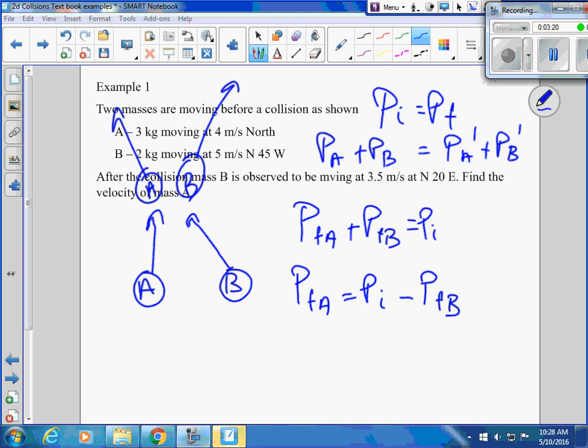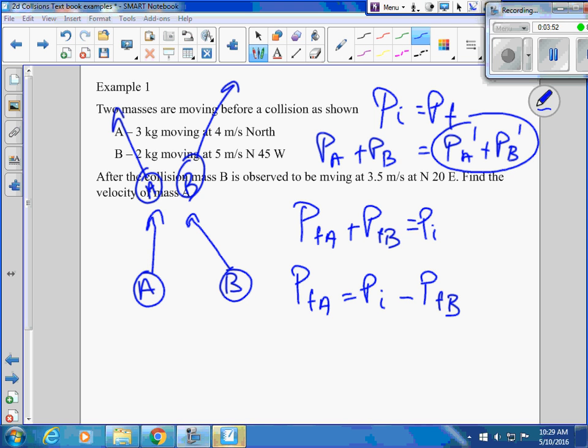We are asked to find the velocity of mass A. Before I can find the velocity of mass A, I have to find the final momentum of mass A. So the final momentum of A plus the final momentum of B is going to equal P initial. Here I use primes and there I use Fs, is that okay? Which one do you want me to use? Primes? Okay.